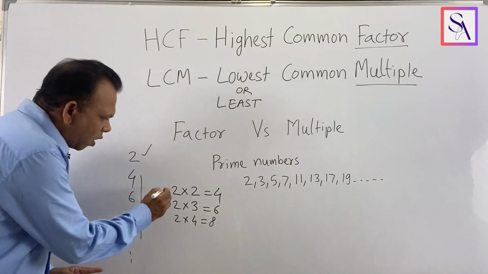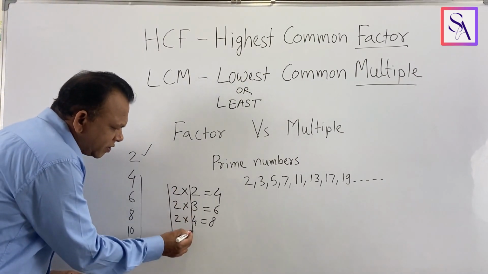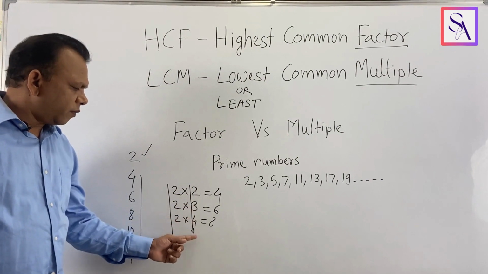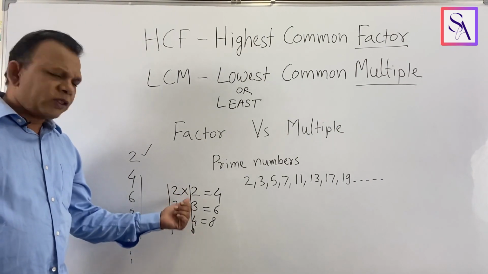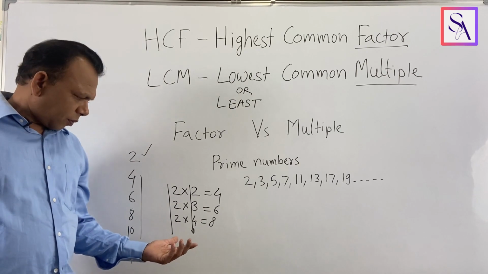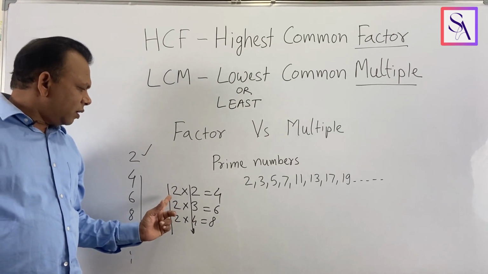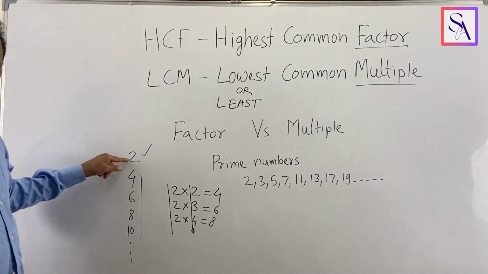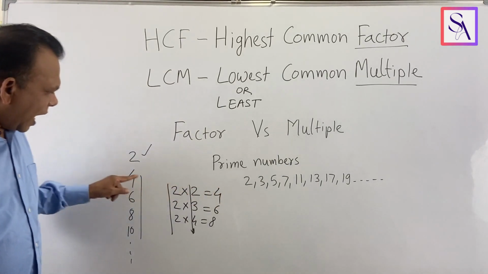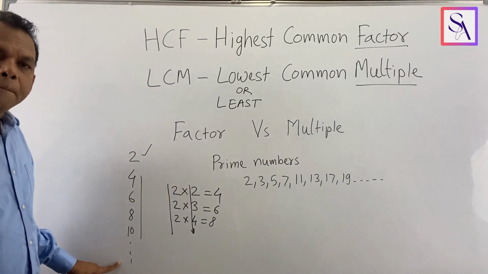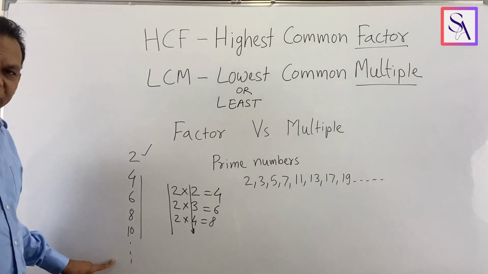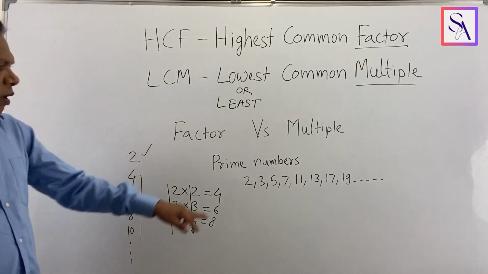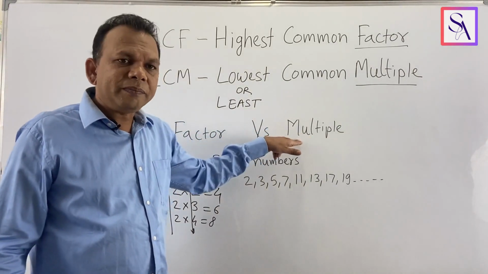Here 2 is common and the other number is increasing by 1, 1, 1, right? So 2, 3, 4, then 5, 6, 7. This we learn in first standard as well. That's why it is called a multiple of 2. So 2 is a prime number we have seen, and the rest of the numbers are multiples of 2, right? So this is called multiple. You understood the concept of multiple.